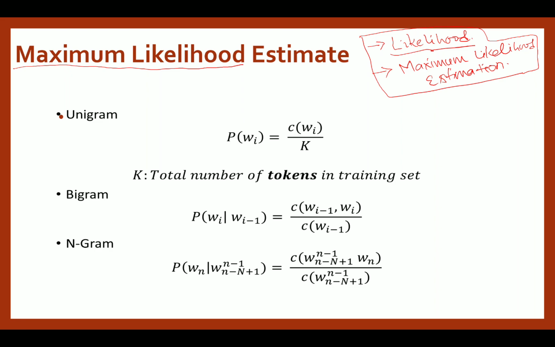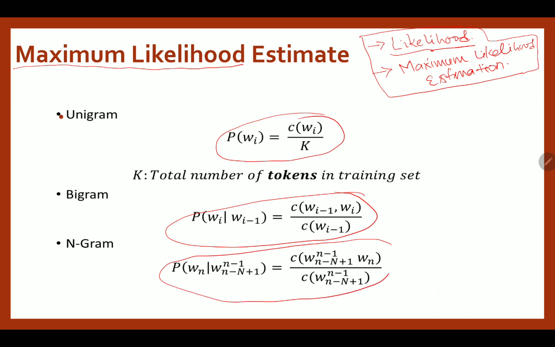That maximum likelihood estimation gives this formula in the case of the unigram, this formula in the case of the bigram, and this formula in the case of the n-gram, which is just a generalized form. I hope each one of you is able to do that.